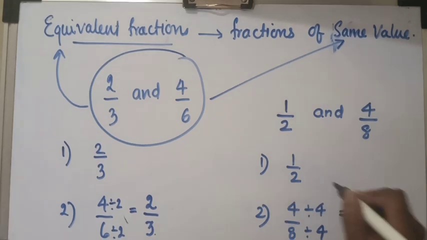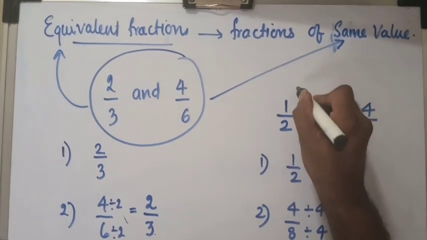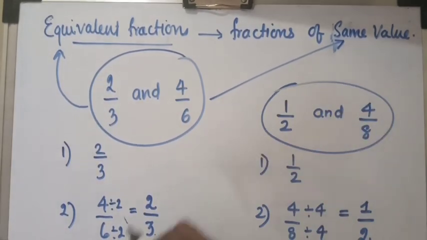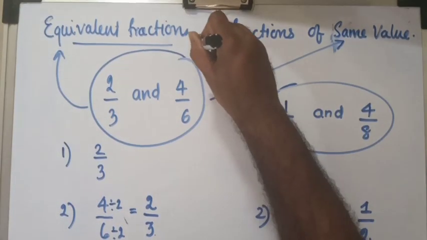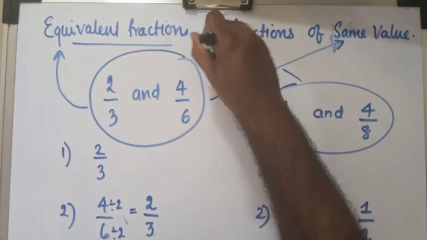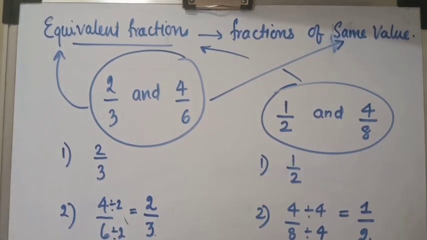As these values are equal, these fractions are also called equivalent fractions. Okay children, so you understood what equivalent fractions are? Equivalent fractions are fractions wherein the values of the fractions are equal.